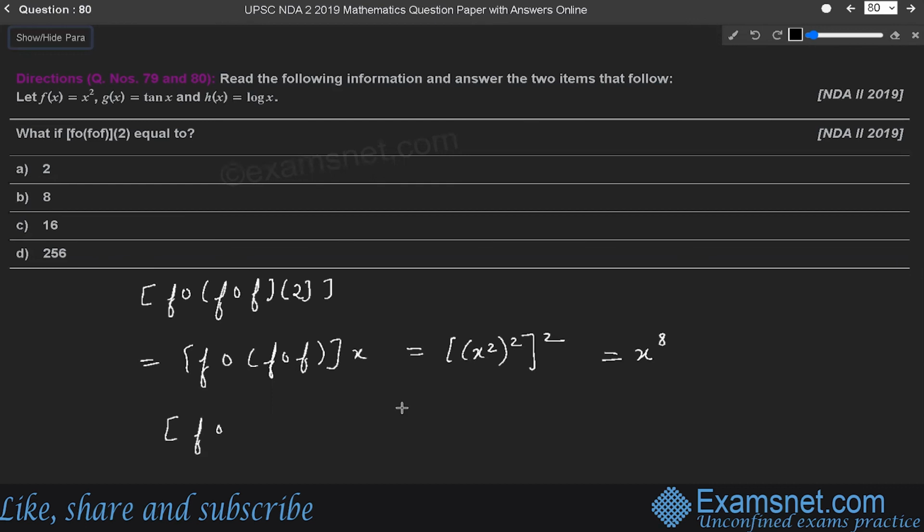Therefore, f of f of 2 is equal to 2 power 4, which is equal to 16. Therefore, we can say that the correct option for this question is 256.